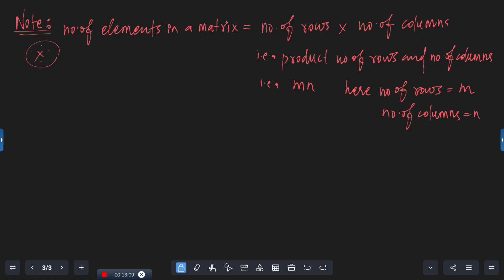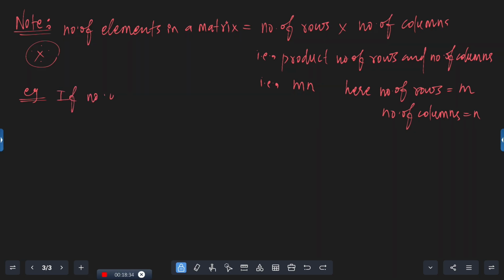Even based on this, they will ask a 2 mark question. How will they ask it? Tell me any one favorite number. Krishna, you tell me. 100, super. So he gave 100. They will give the number of elements.